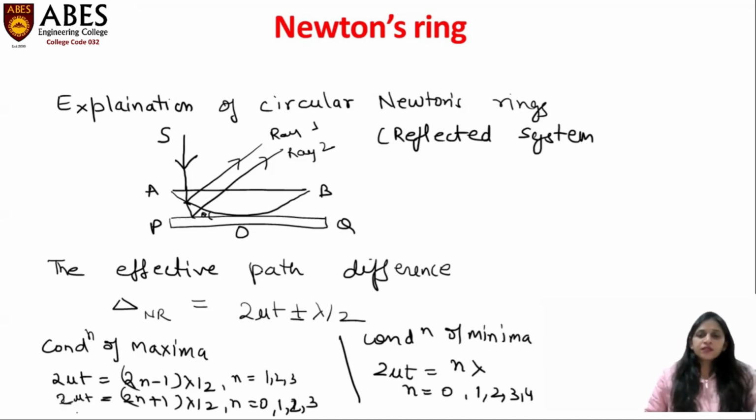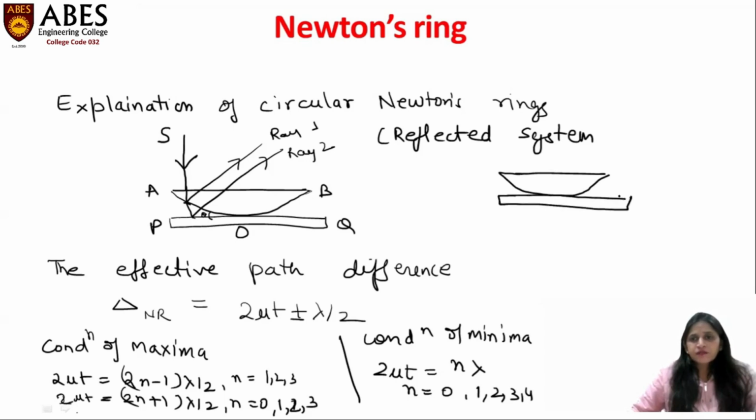So now we can understand how the circular rings are forming. I'll make you all understand why the circular rings are forming. See, on both sides of the plano-convex lens, if we draw it very properly, if this is T1 thickness, this is also T1 thickness.